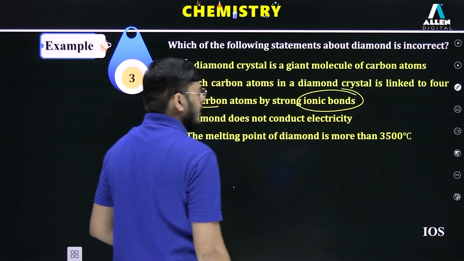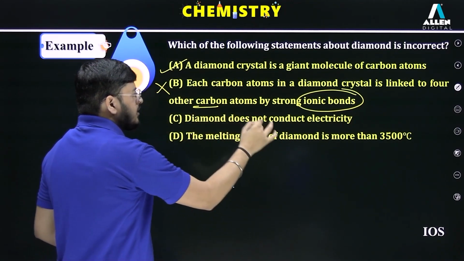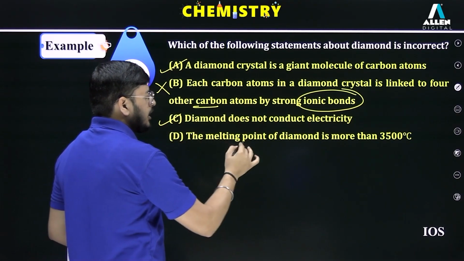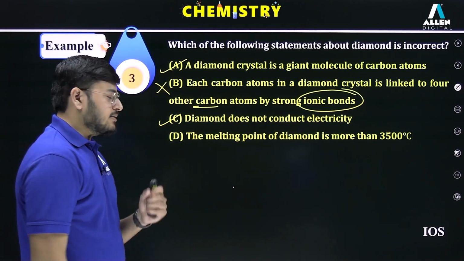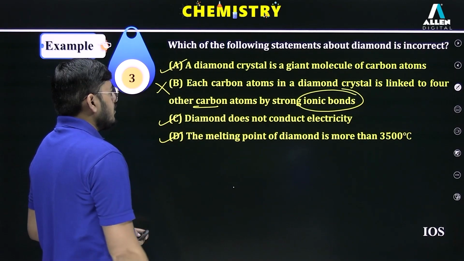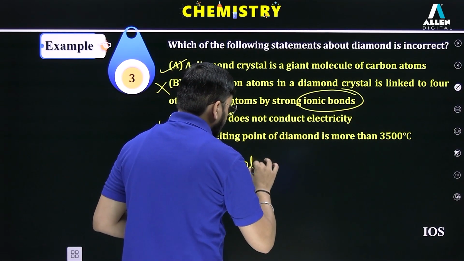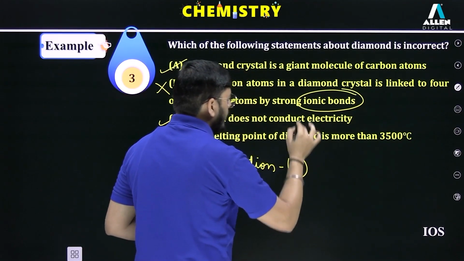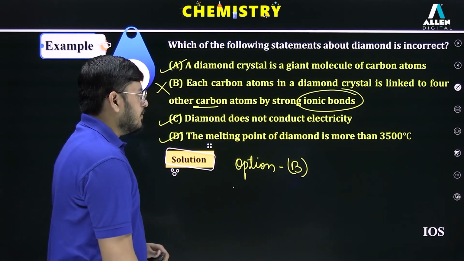No, students, they are covalently bonded with one another. Diamond does not conduct electricity. Correct, that is the property. The melting point of diamond is more than 3500 degrees centigrade. Yes, that is also correct. So the answer is option B, which is incorrect. They are covalently bonded, not ionically bonded to one another.